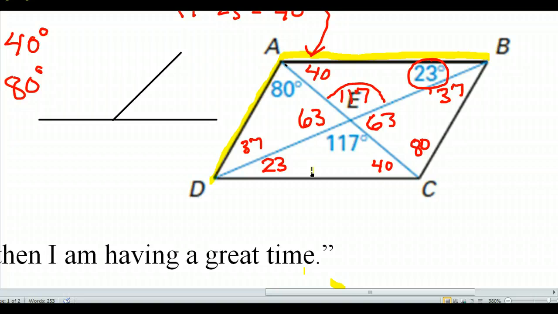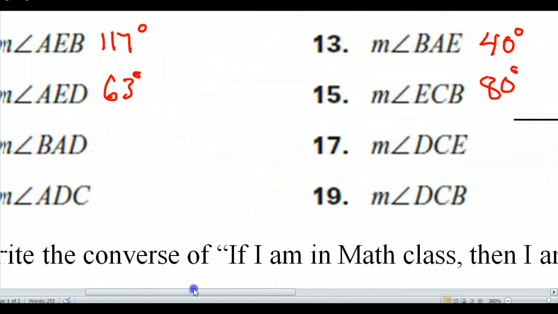What am I adding to make this yellow angle? Just give me the two numbers. 80 and 40. So obviously, what's 80 plus 40? 120. Okay, so angle BAD, everybody should put 120.